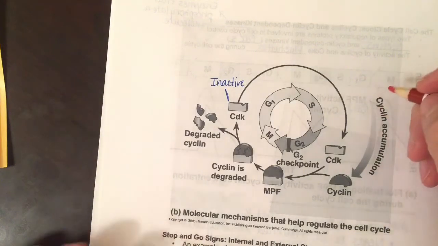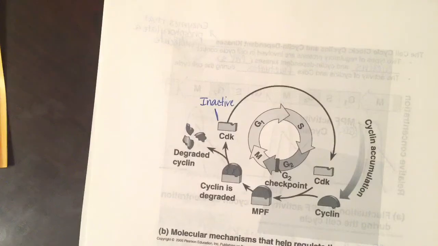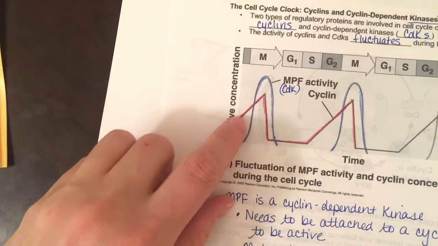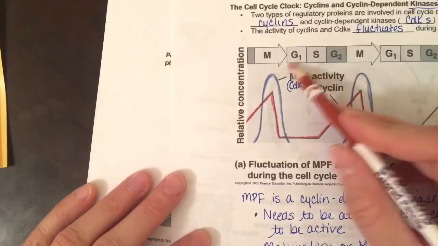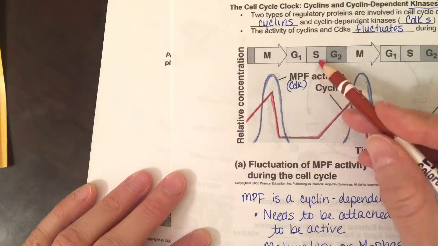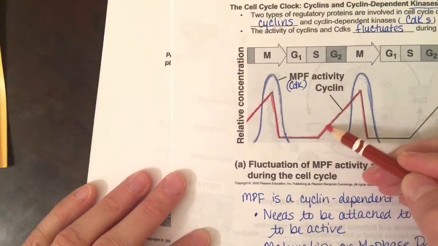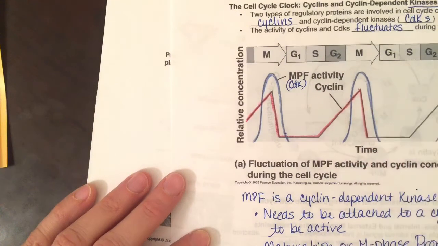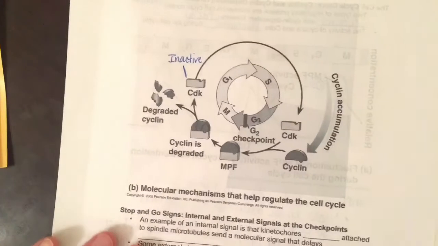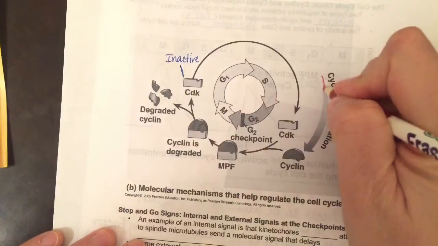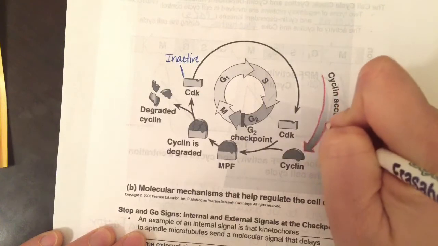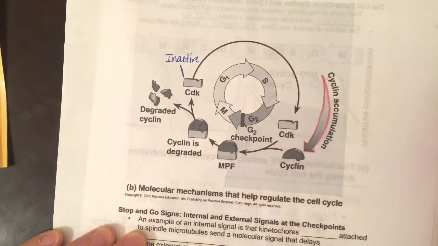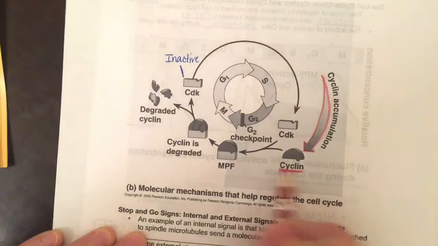What color did I use with cyclin over here? I used red for cyclin. So notice here, towards the end of the S phase, cyclin starts to accumulate in the cell. The cell is making cyclin, so that's my red here. And here's my red cyclin.